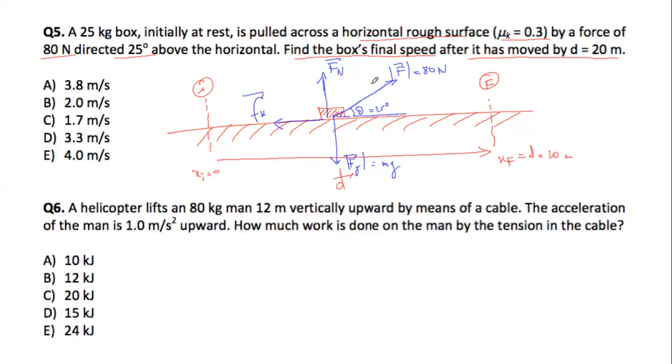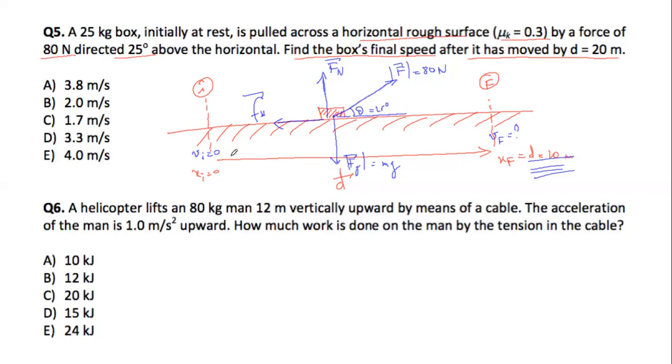Great. So I started from rest, so V initial is 0. The question is, what is V final if I moved by 20 meters? We have solved many problems like this. It's a classic, and you should know how to solve it.